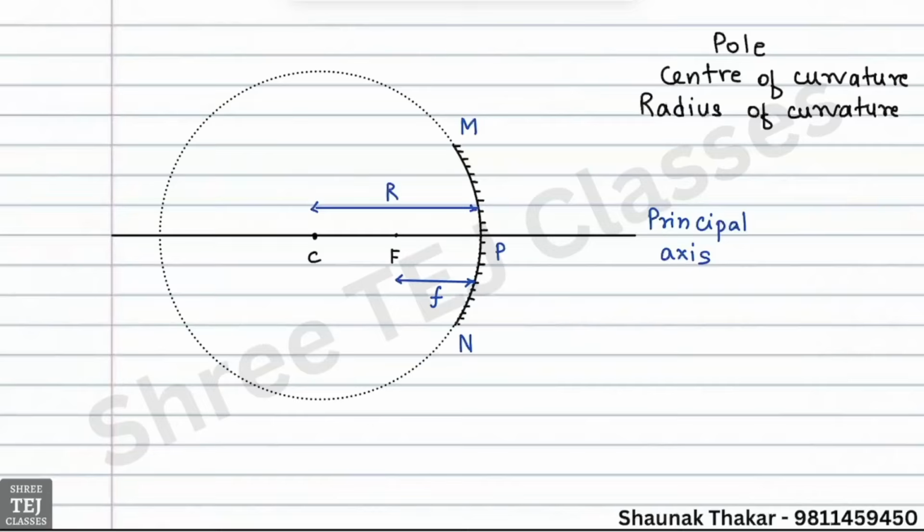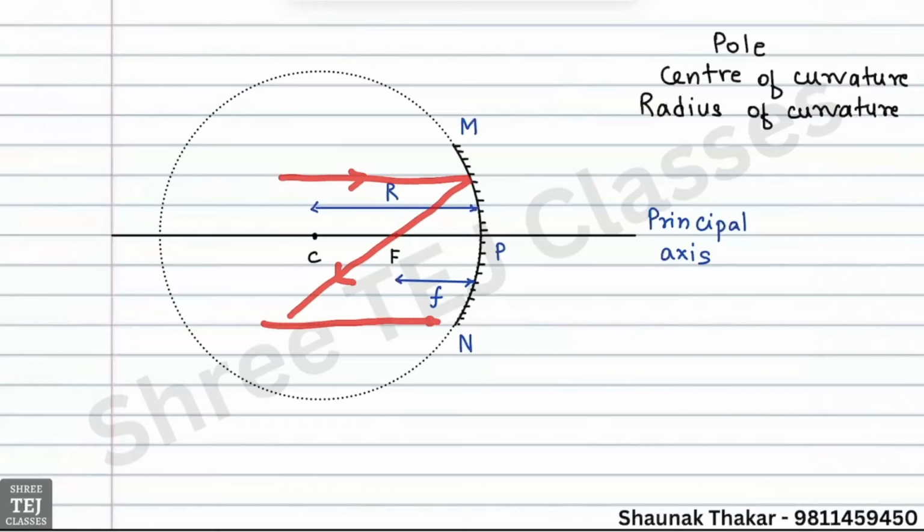Let us move on to the next point, which is denoted by F. It is called the principal focus. If we consider a set of parallel rays incident on the mirror, parallel to the principal axis, then after reflection all of them pass through a single point. So if we have a ray passing parallel to the principal axis and it gets reflected by the mirror, it will pass through this point.